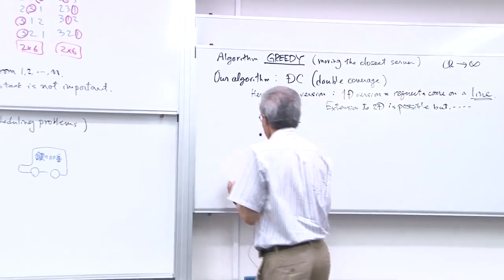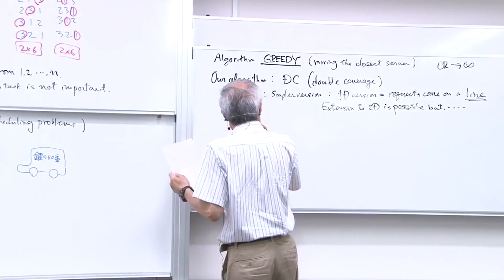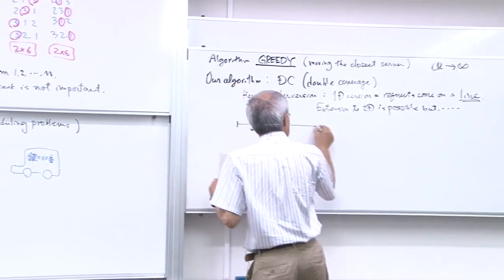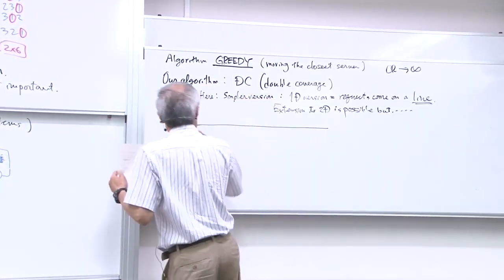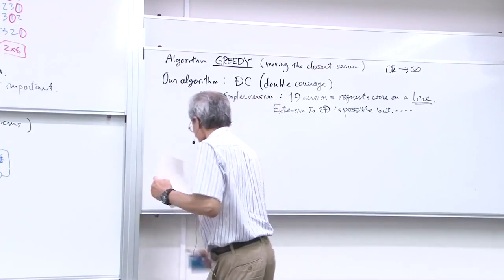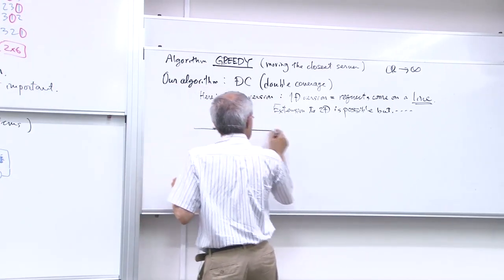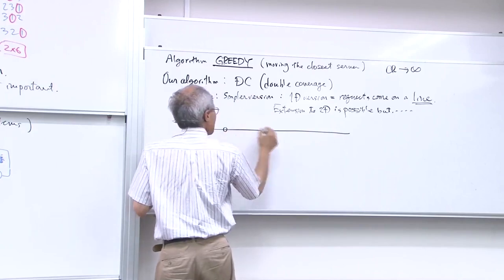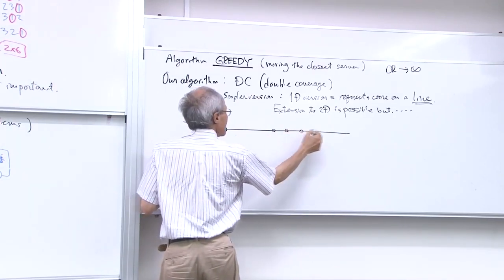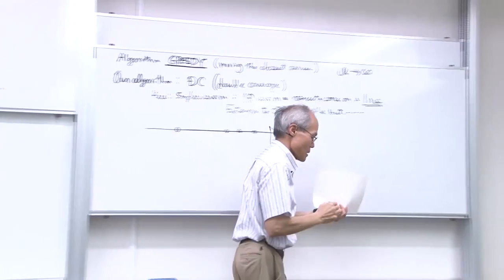Now, one-dimensional, we have a line, and servers are located like this.